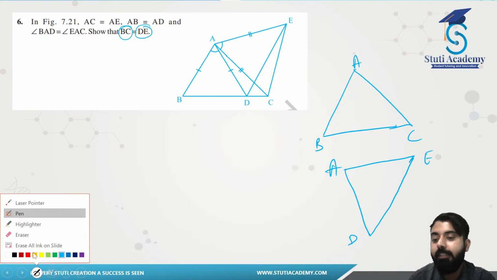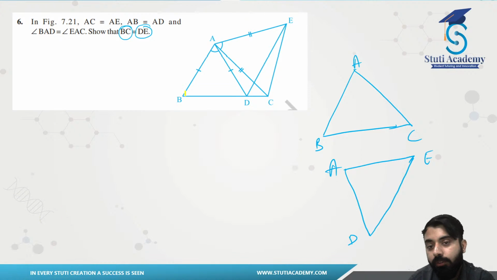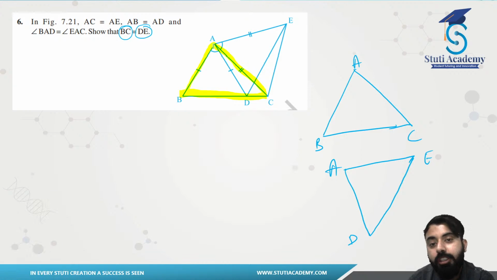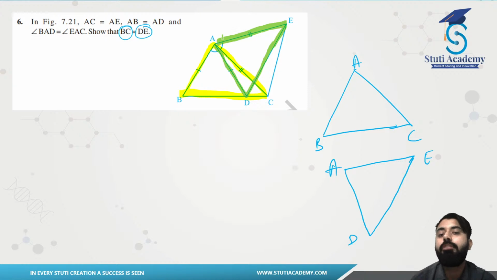Let me highlight the triangles I'm talking about. Firstly, we need this triangle in order to have BC. Then we need this triangle. I hope you are able to distinguish between the two. So we need these two triangles.